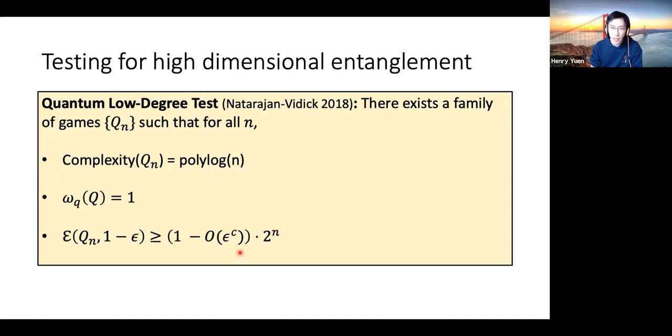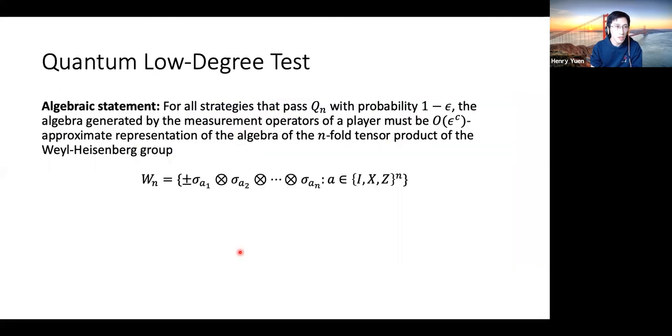Let me just say what's going on under the hood in this quantum low degree test. Maybe here's an algebraic reformulation of what it accomplishes. So any strategy that succeeds in Q sub n with probability 1 minus epsilon, so fix such a strategy.